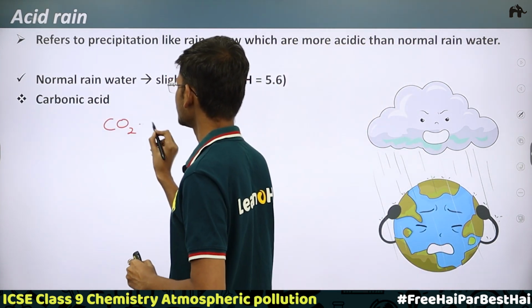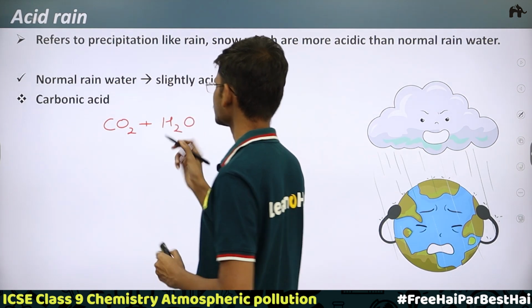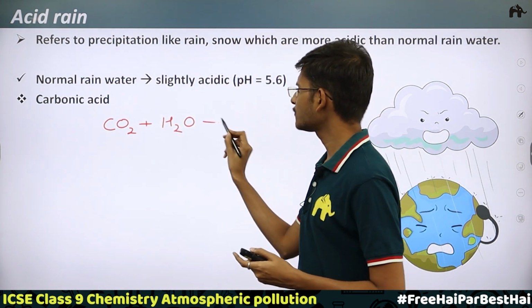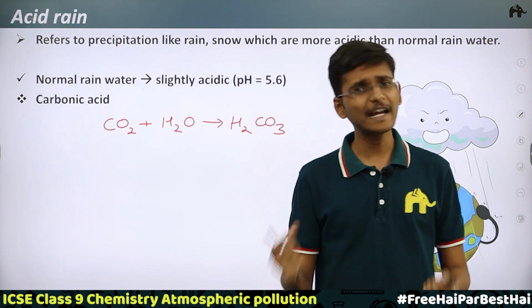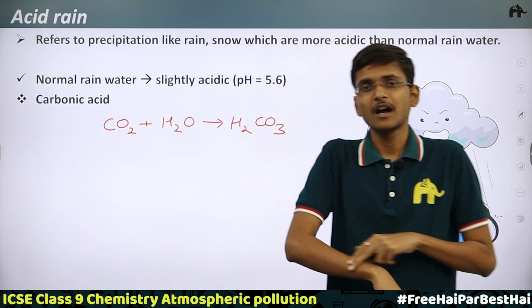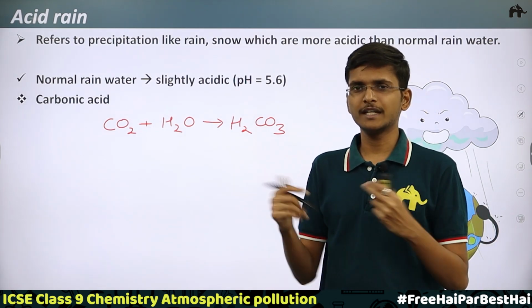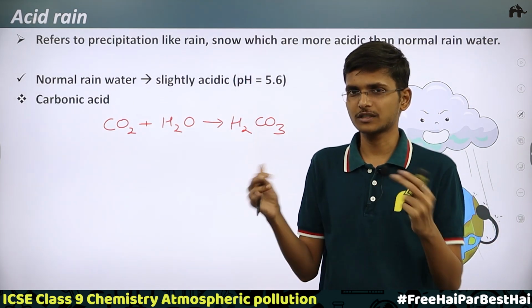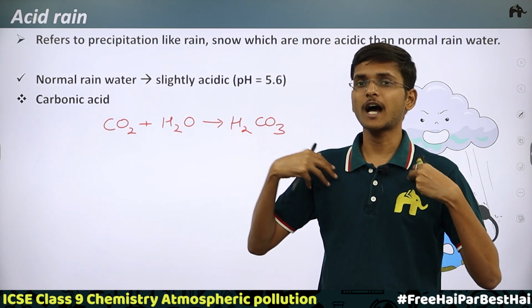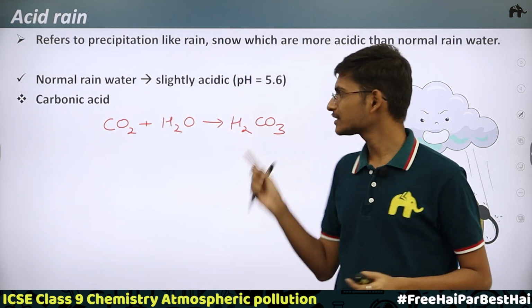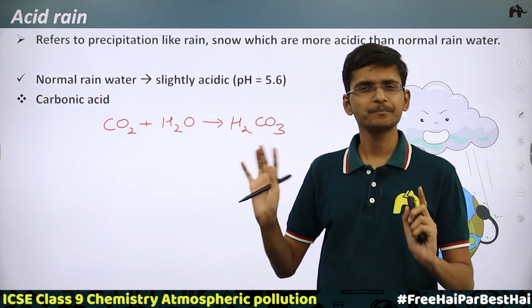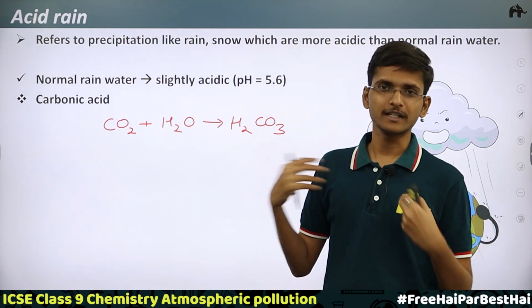Carbon dioxide dissolves in rainwater, simply water, and it forms carbonic acid, H2CO3, which is a weak acid. That's the reason we don't get any blisters or such things, or we are not harmed by the rainwater, because the acid present in the rainwater is carbonic acid, which is a very weak acid, so that is not bothering us.